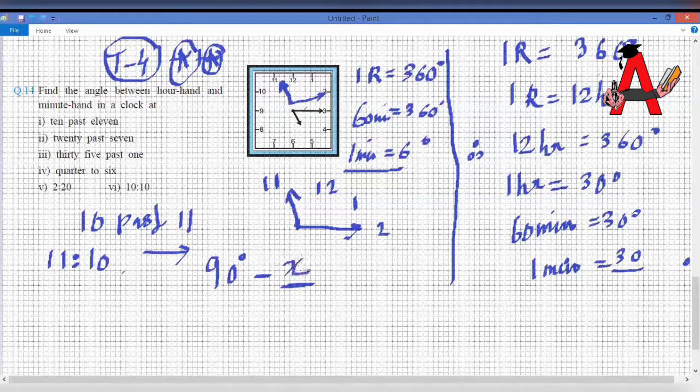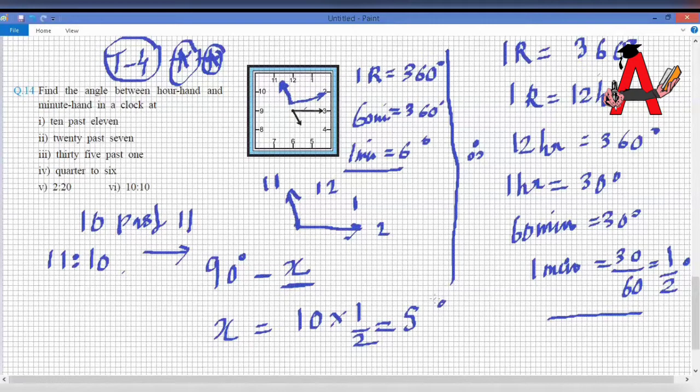Now let me explain you further. Now suppose that is x. Now I told you 1 minute represents half degree of an hour hand. I told you here that for the hour hand, 1 minute means half degree. So in 1 minute it moves half degree, so if 10 minutes have passed, in 10 minutes the hour hand will move 10 into half, that is 5 degree. This means it has moved 5 degree ahead between 11 and 12, which means my x is 5. Therefore the angle it is making will be 90 minus 5, which is equal to 85 degree.